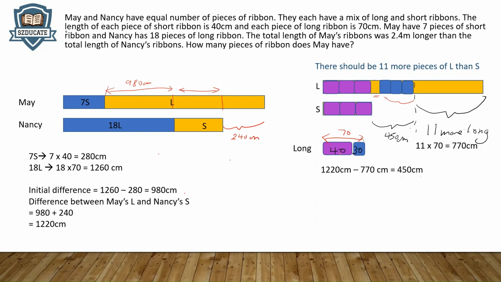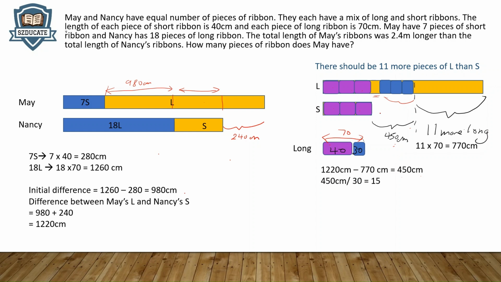Why? Because 1220 is, if you look at how it is, we are now putting this L and S side by side. So now it looks like this. One part is 770, this part is 70. This part here must be 450, because we already found the total difference between L and S, which is 1220. So if I take 1220 minus 770, this will give me this 450.